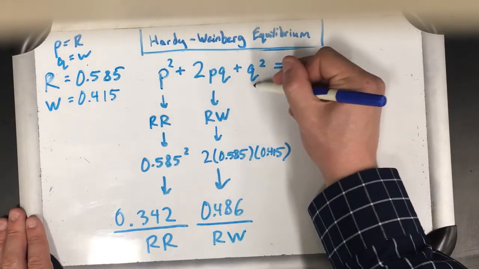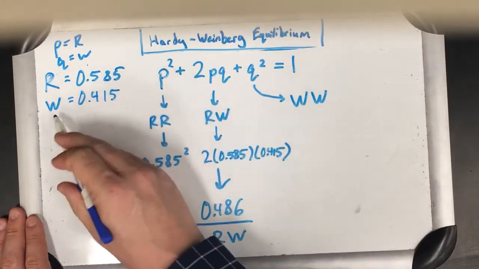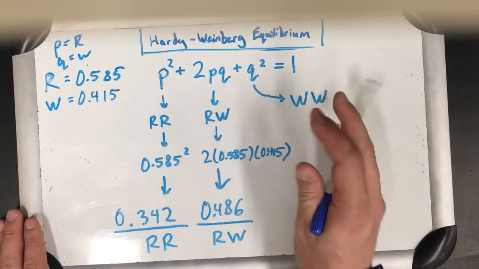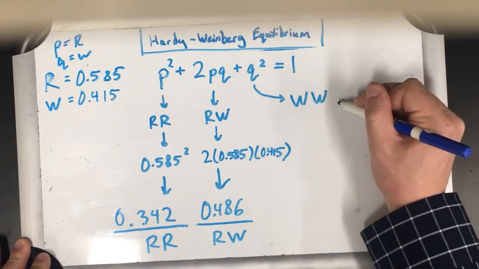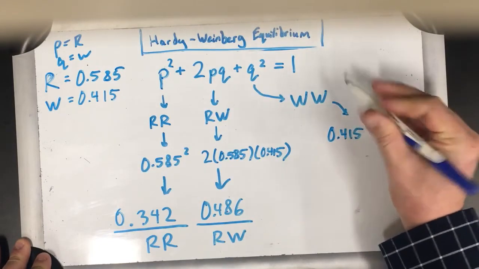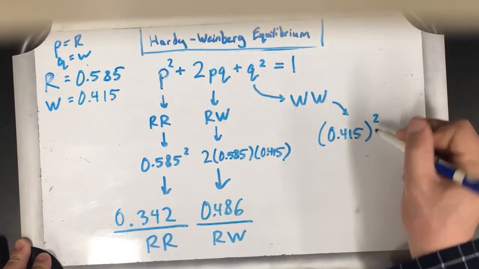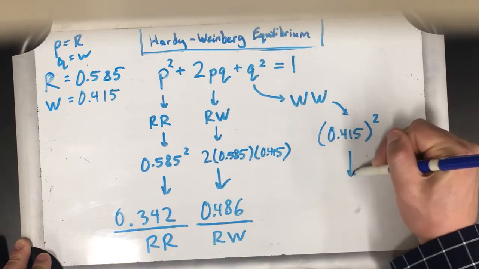Okay? Last one. Here's your double recessives, and remember, we're working with alleles that aren't technically recessive, but that's usually what Q is going to say. But you'll be able to apply this the exact same. WW means that we're going to take the allele frequency of W and square it, so 0.415 times 0.415.